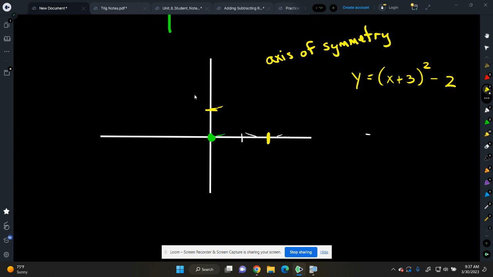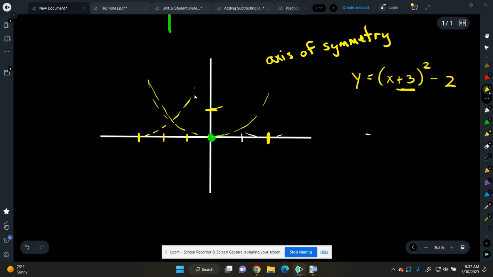So here's just x squared. What's the plus 3 going to do? It moves it to the left 3.